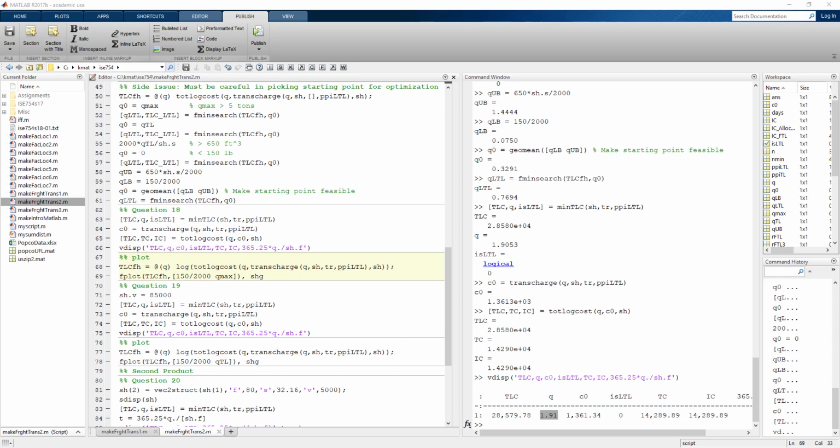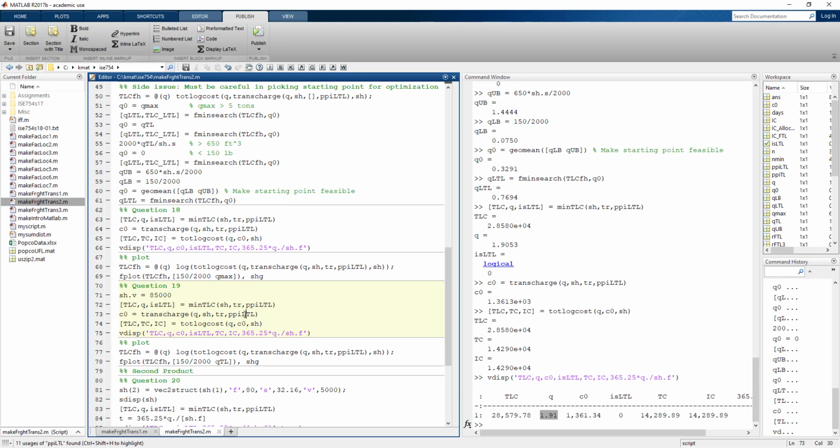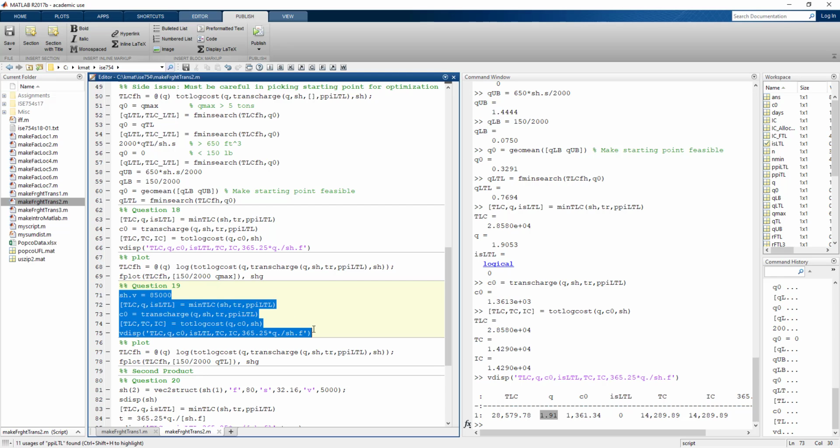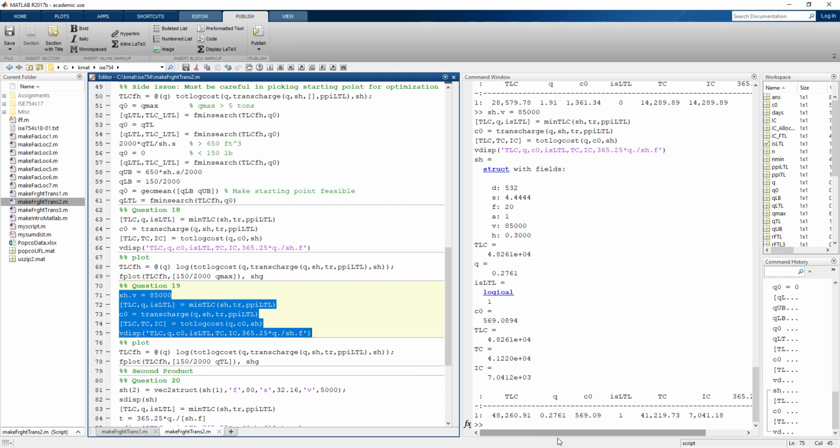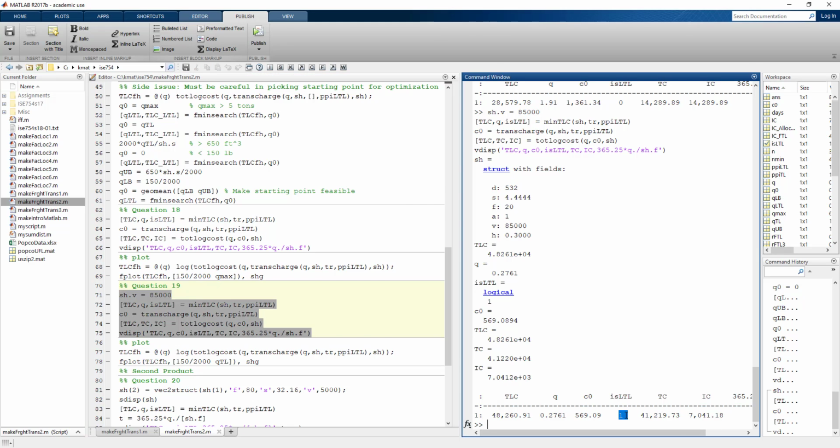And then for question 19, we're basically going to change our value for our product. So instead of $25,000 per ton, it's going to be $85,000. And as you can expect, when we make that change, we rerun the same analysis, and now the product is being shipped as LTL.